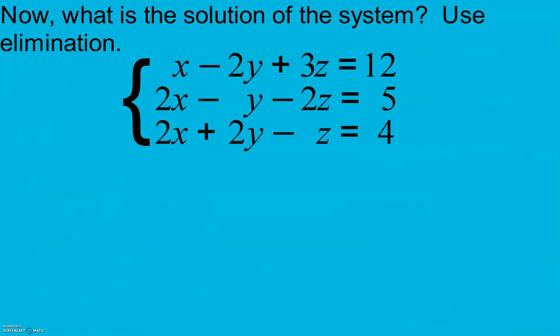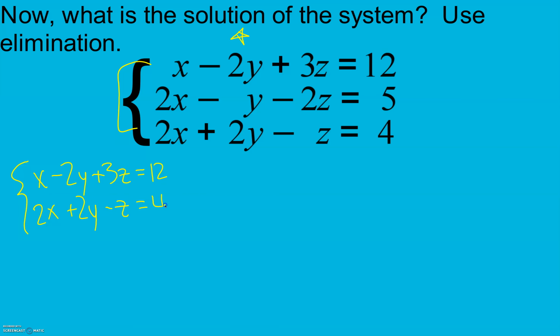Feel free to try this one. I'm going to eliminate y, so I'm going to use my first two equations because those already have opposites. And then I'm going to use my bottom two equations. I have to use the middle one because I haven't used it yet.